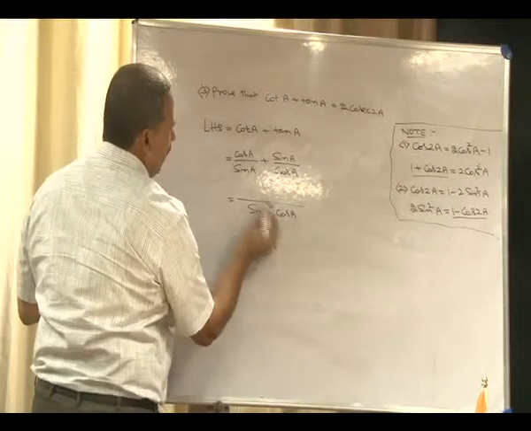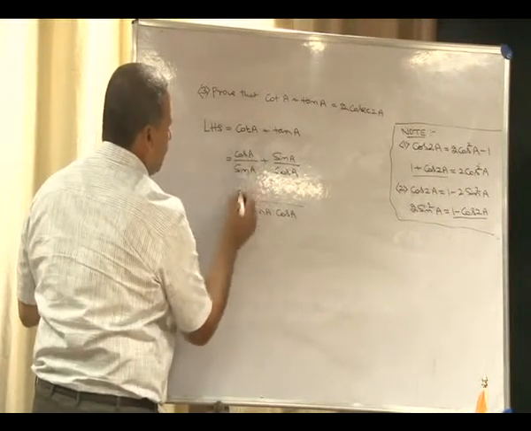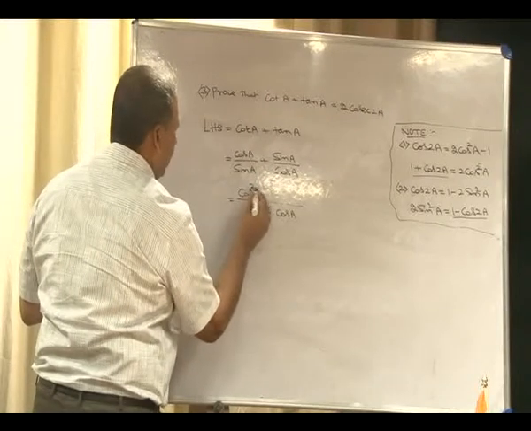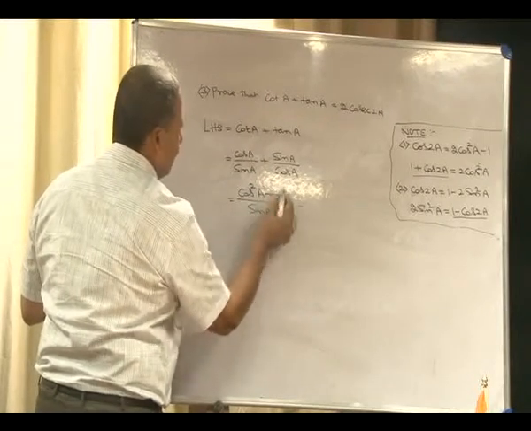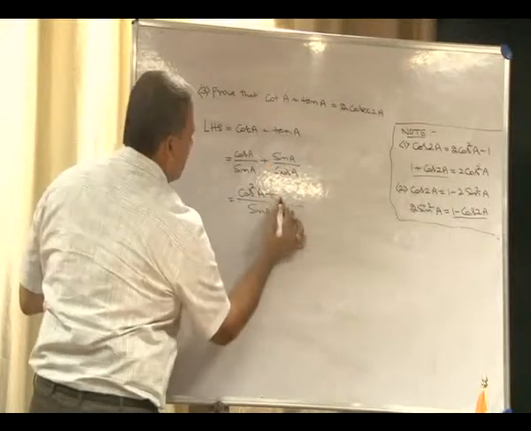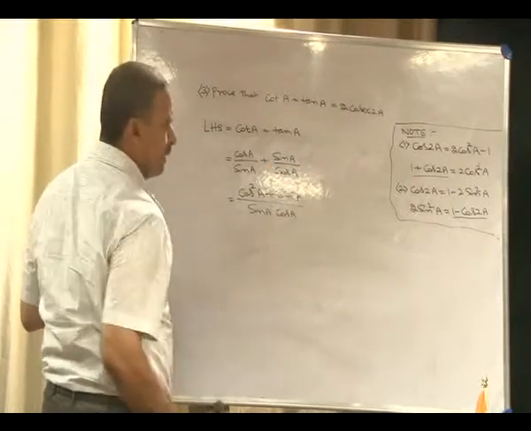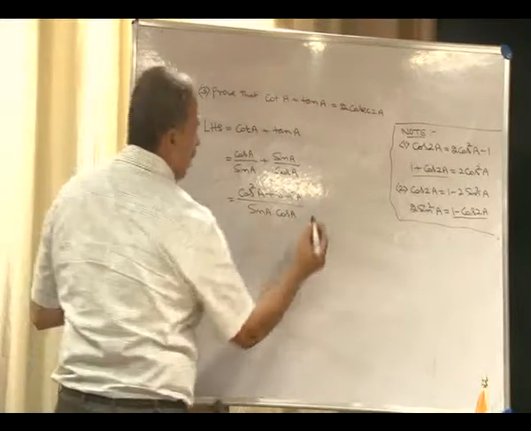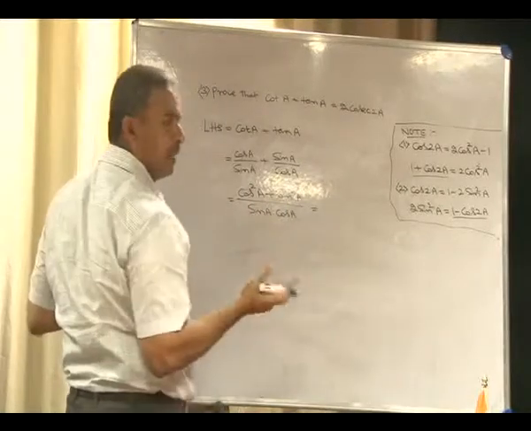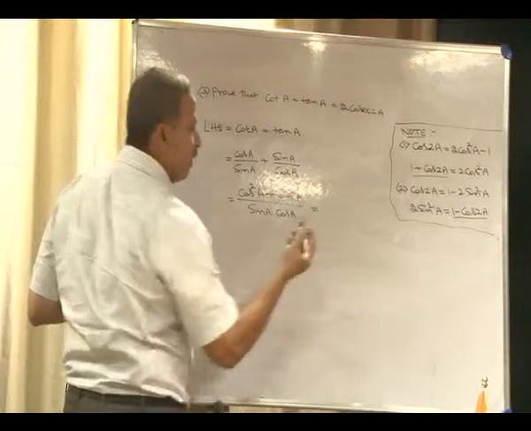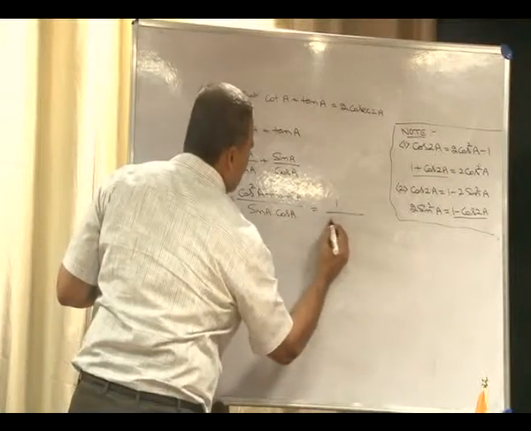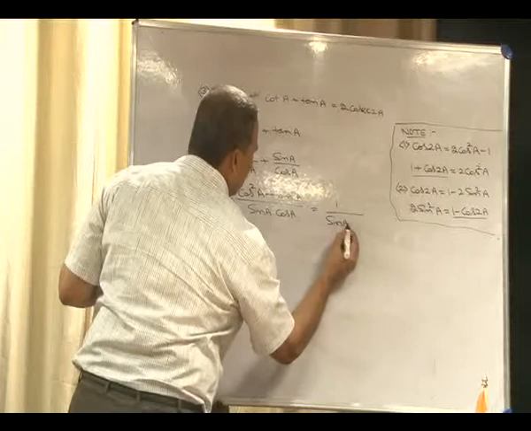The LCM divided by sin a is cos a, into that cos a is cos square a. The LCM divided by cos a is sin a, into sin a is sin square a. In the numerator cos square a plus sin square a. The value of cos square a plus sin square a is 1. That is 1 by sin a cos a.